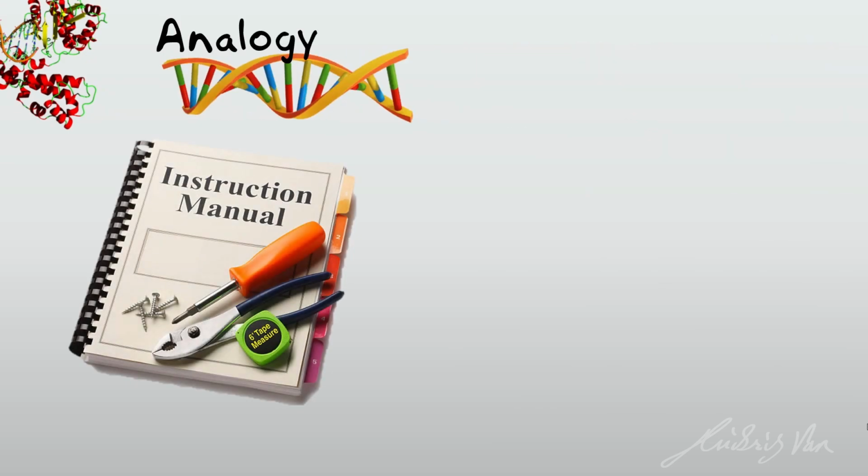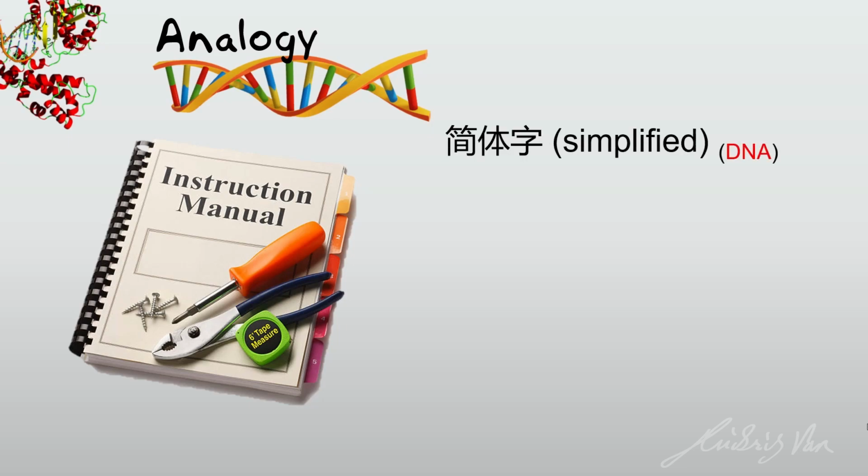So an analogy for how DNA codes for protein is that DNA is like an instructional manual to make yourself. An instructional manual needs words, and your DNA is like your simplified Chinese. The key thing to note is the words that are in red. 5 words, which I mentioned at the start that you have to know.